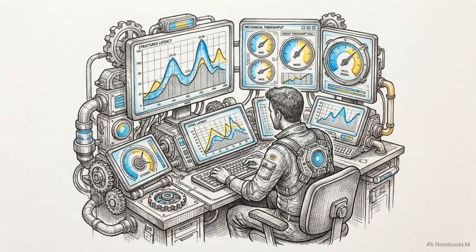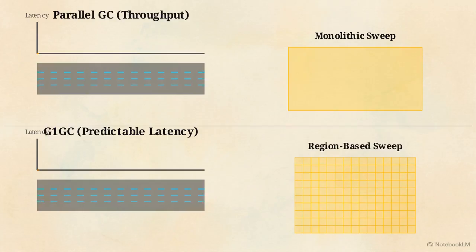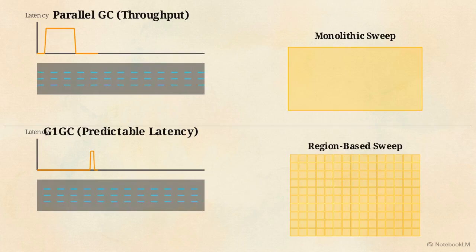A senior engineer's selection of a garbage collection engine directly dictates a service's production latency and throughput profile. Parallel GC, known as the throughput collector, treats memory generations as monolithic blocks during its cleaning cycles. This results in significant stop-the-world pauses. The collector halts all application threads to perform its sweep, creating latency spikes that scale with the size of the heap.